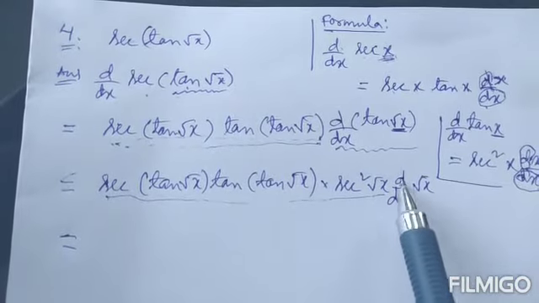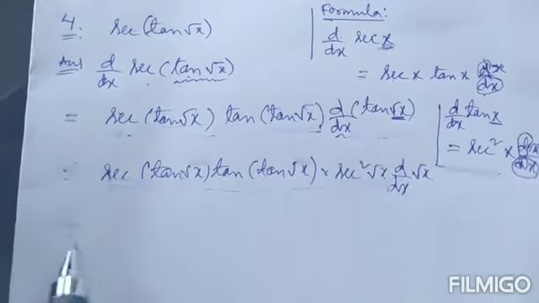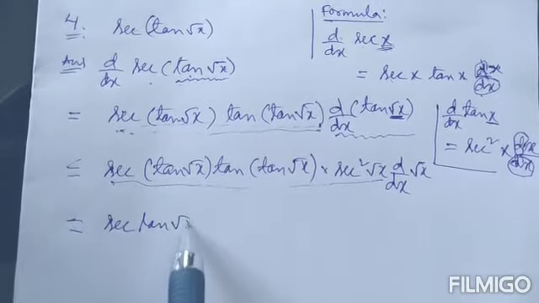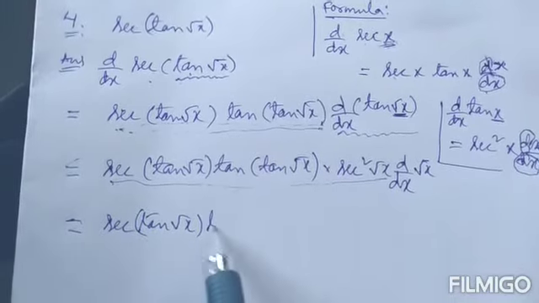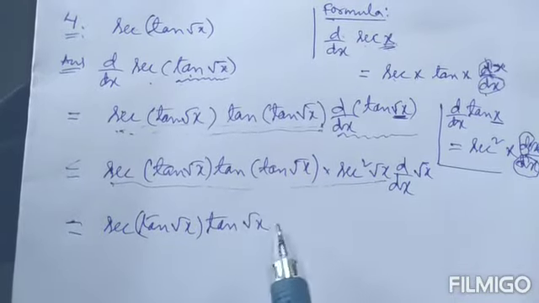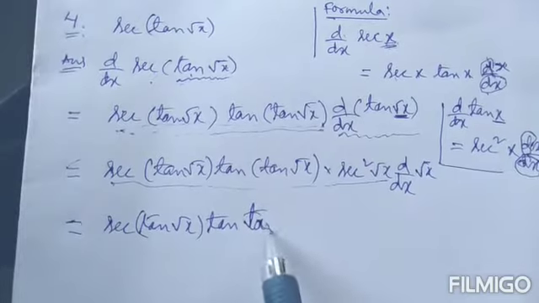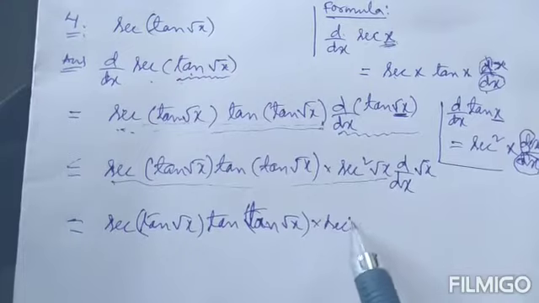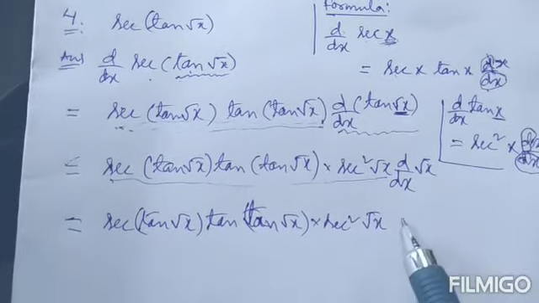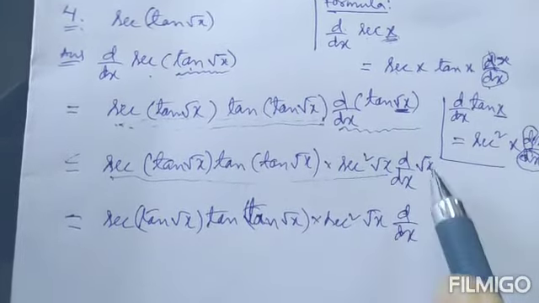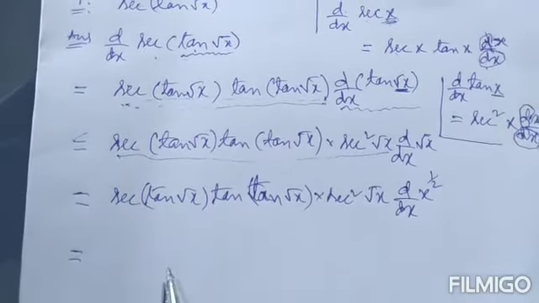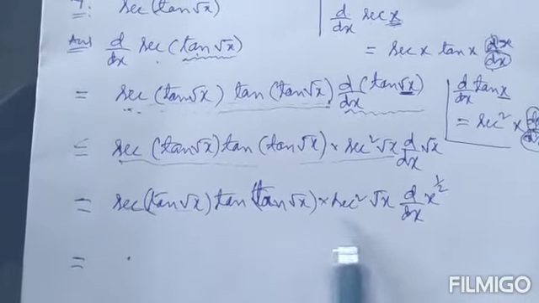I have to differentiate only d by dx of square root of x. Square root of x means x power 1 by 2. This will remain the same again.